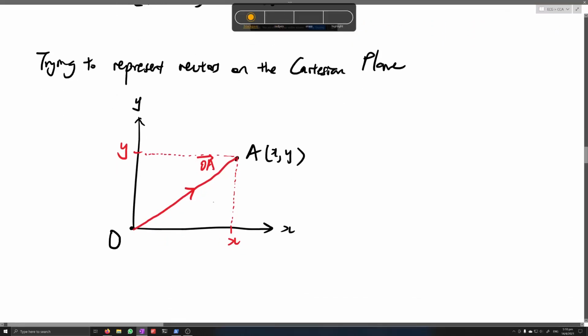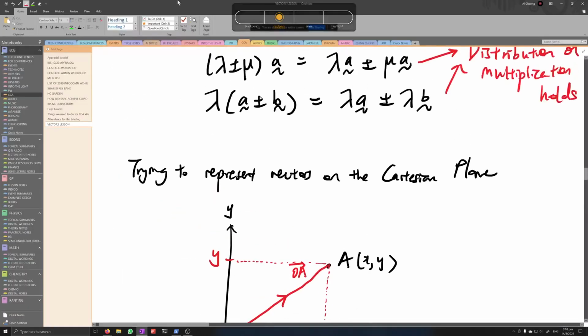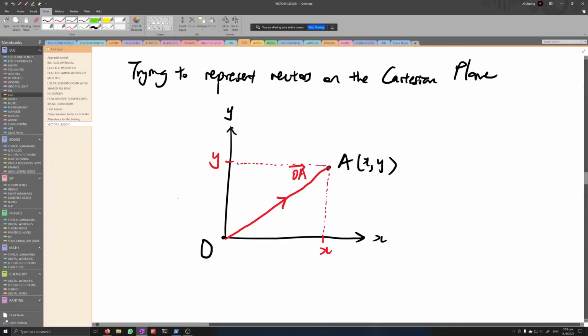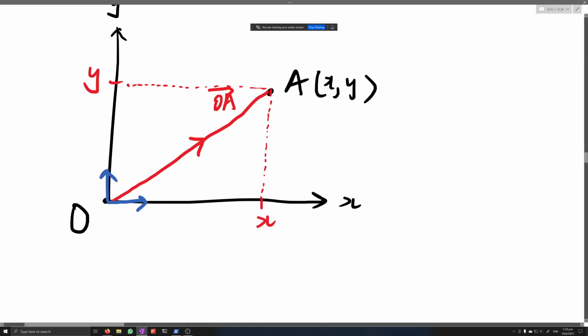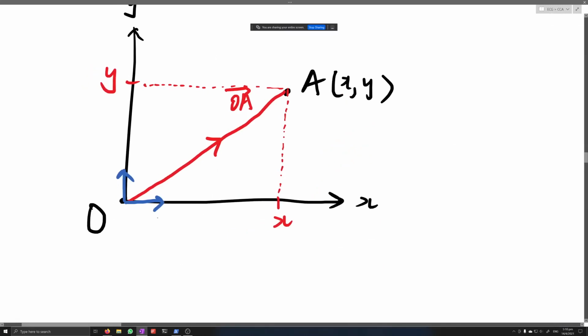Let me just switch colors. Let me further define two unit vectors, unit vectors that have magnitude 1.